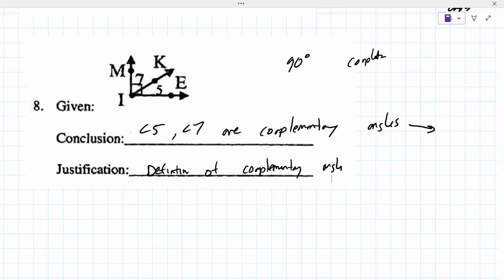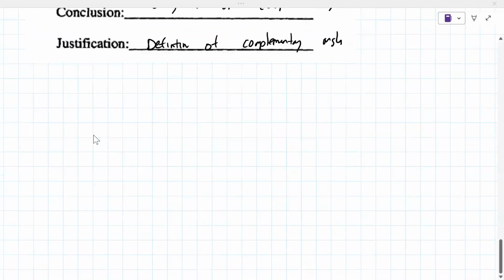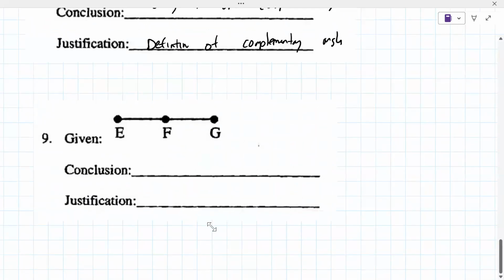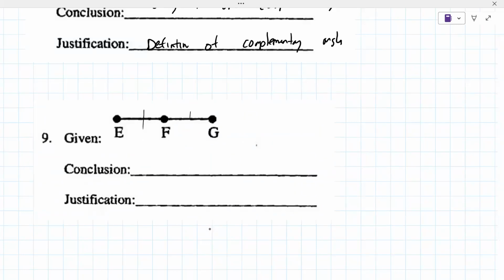For number 9, is the drawing missing something? Does your scan have lines showing congruence? Anything like that? No. Well, I don't know what we can do. All we know is these are 3 points, two line segments.